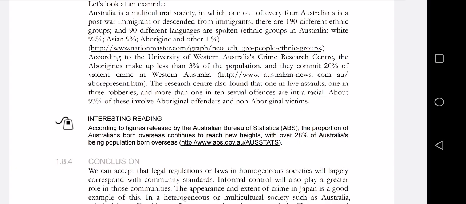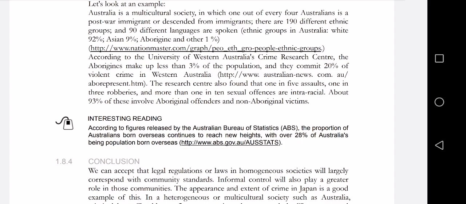According to the University of Western Australia Crime Research Centre, the Aborigines make up less than 3% of the population, and they commit 20% of violent crime in Western Australia.